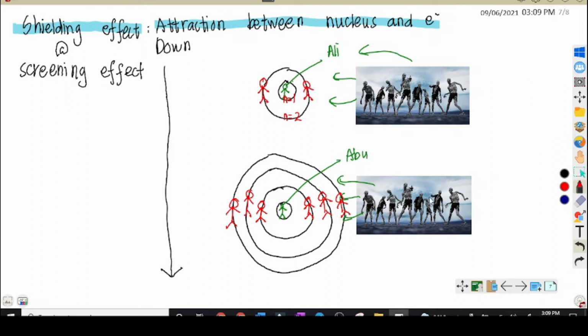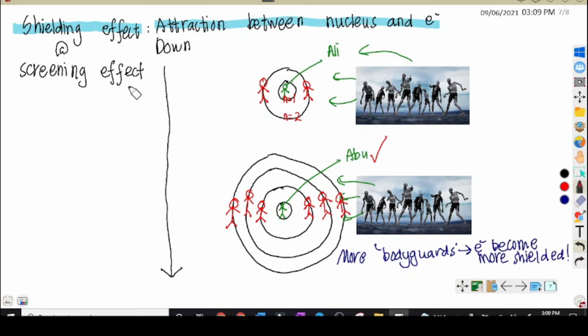So who is being shielded more from the zombies? Yes, that will be Abu. So we're just going to imagine that when there are more bodyguards, the electron becomes more shielded.